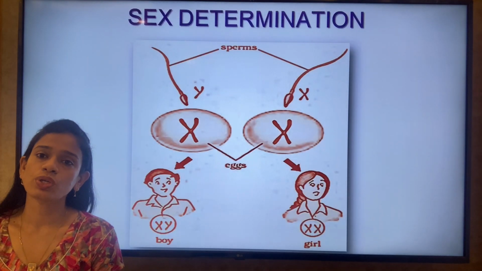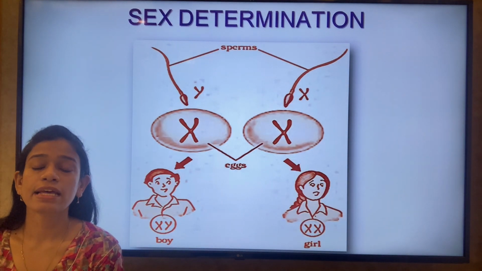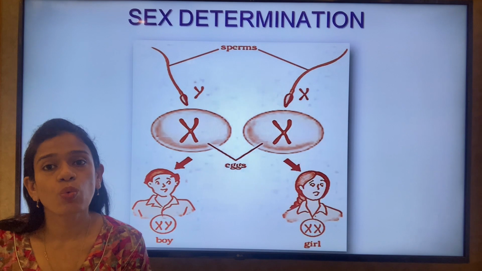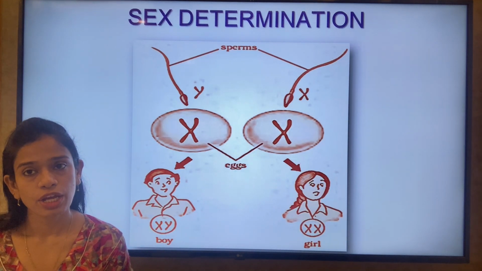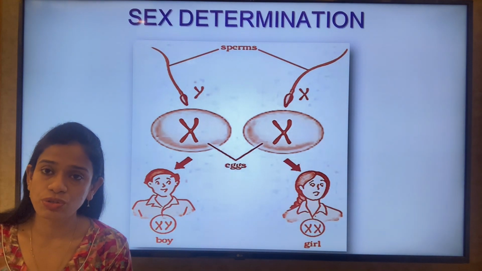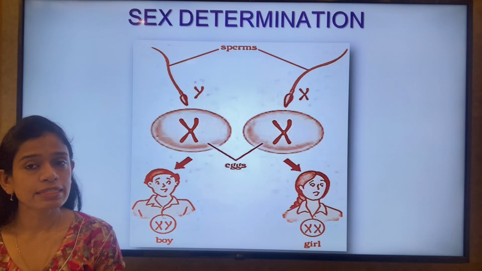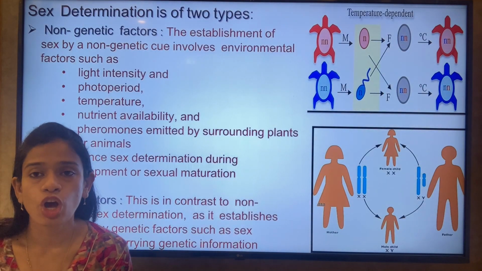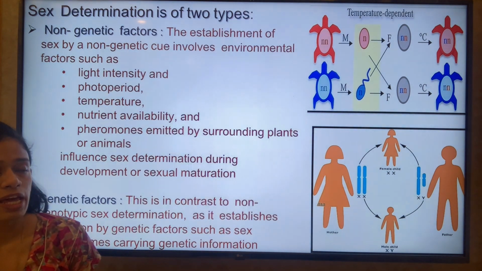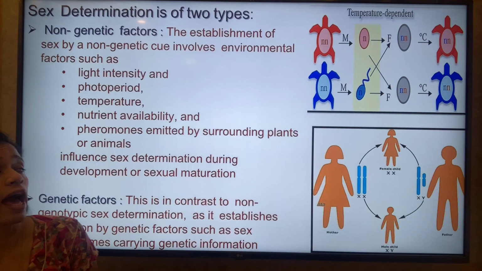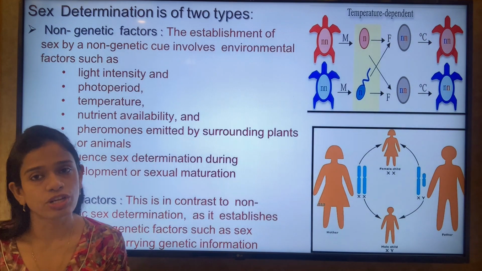Now coming to another important part of heredity and evolution, that is sex determination. What decides the sex of a child? Obviously, it is the genetic makeup of that particular child. So let's see what actually happens in the determination of sex. Sex determination can have two types of factors, that is non-genetic factors and genetic factors.